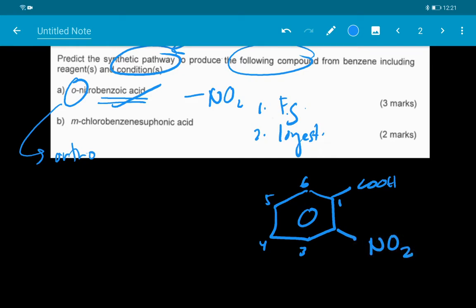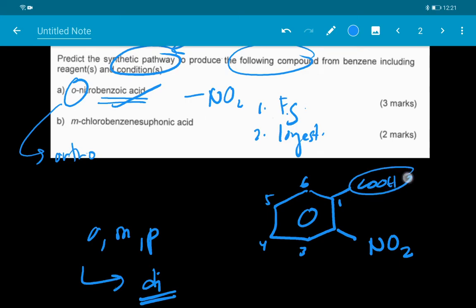Remember guys, the ortho, meta, or para configuration can only be used for a di-substituted benzene, which means there are two substituents located on the benzene ring. If it contains more than two, we cannot use this naming convention. We need to use normal numbering. Alright, this is for A.